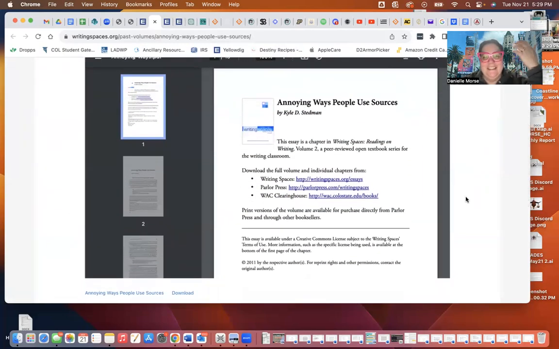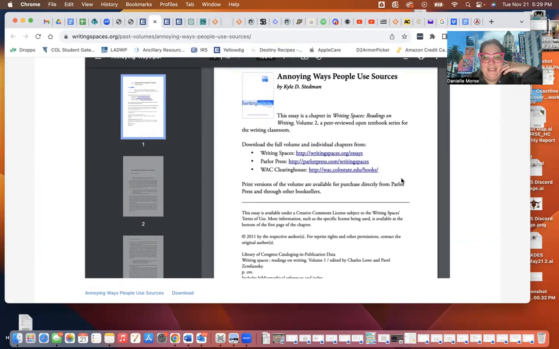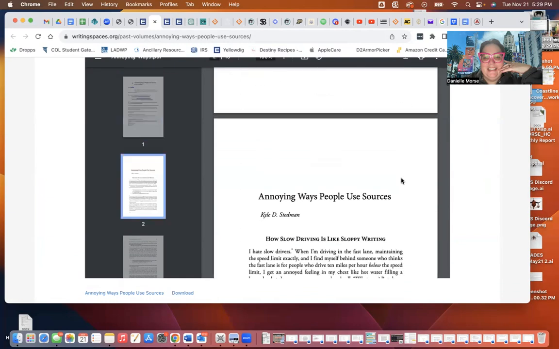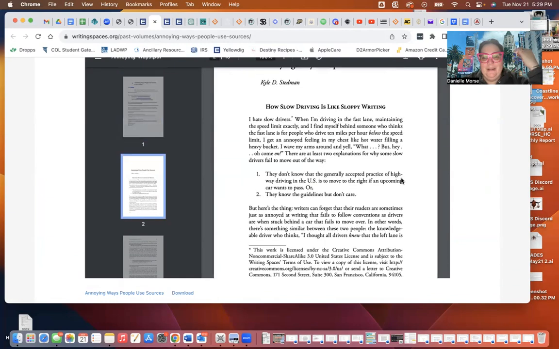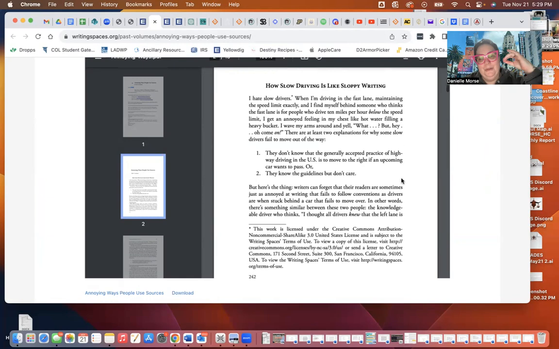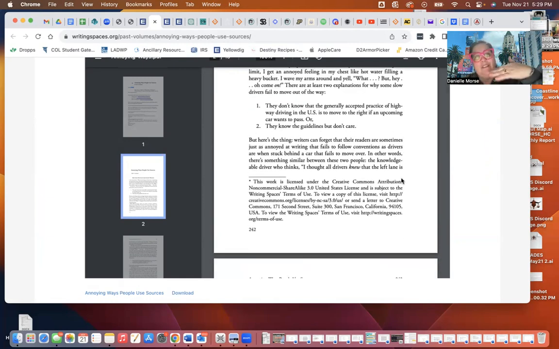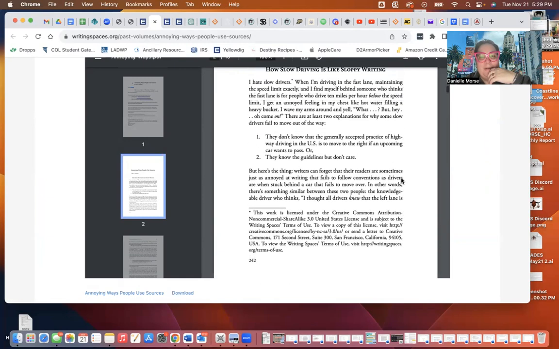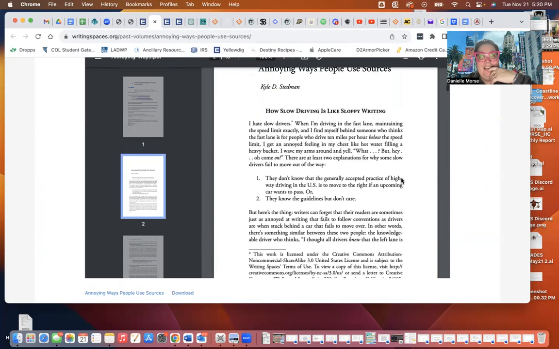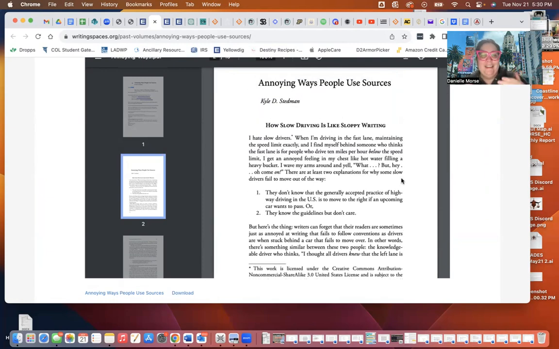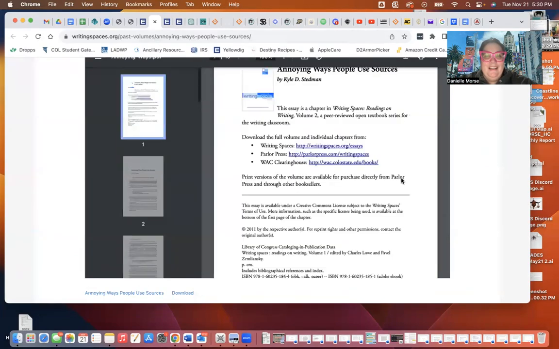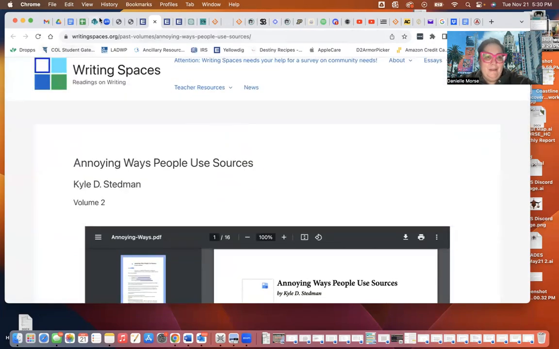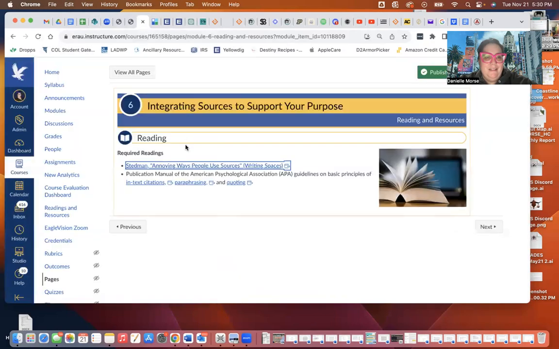I'm loving his title. It's very Kyle Studman title, but this is going to be a good article to get some good takeaways about evidence integration, or how people use sources. Anytime there's something from Kyle Studman, I always think it's fantastic.